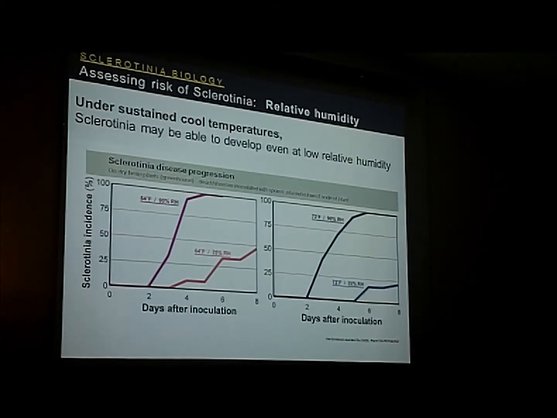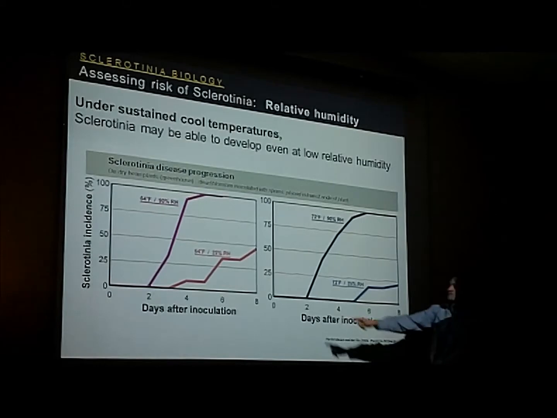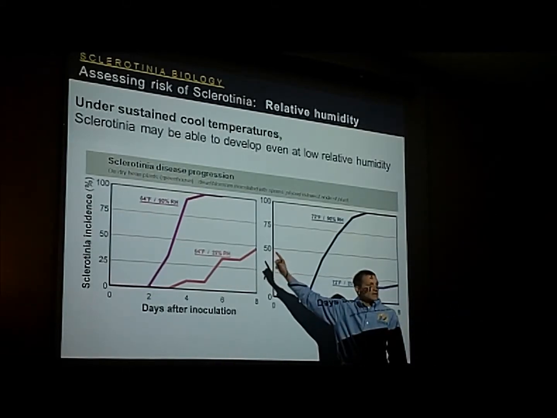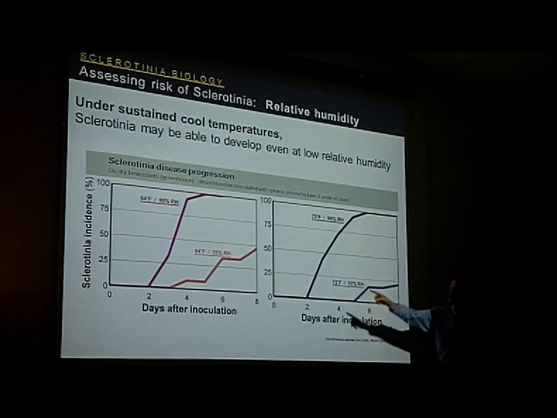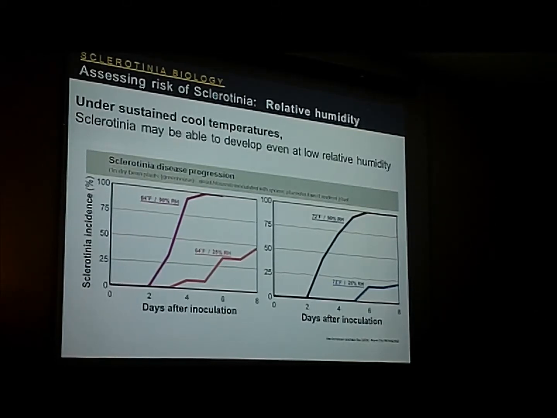What you can see is that even at this low relative humidity, they got a fair amount of disease. The disease development certainly dropped off as your temperatures rose. So the ability for Sclerotinia to establish itself under lower levels of relative humidity, actually really quite low levels, is probably limited to the coolest temperatures.